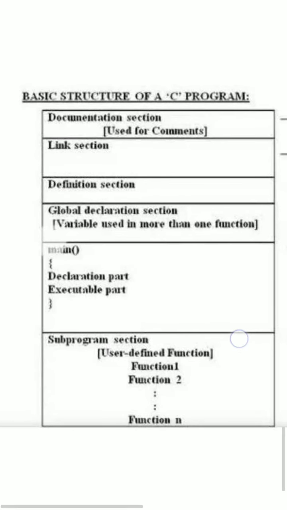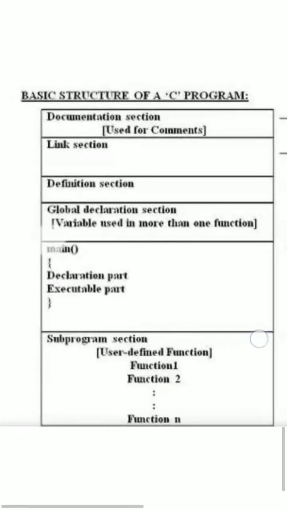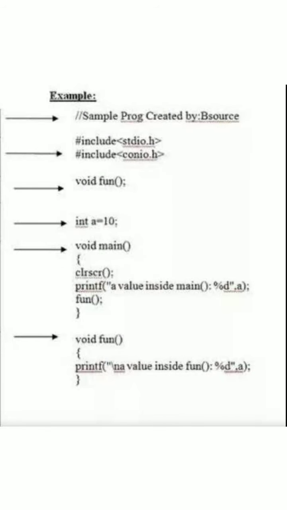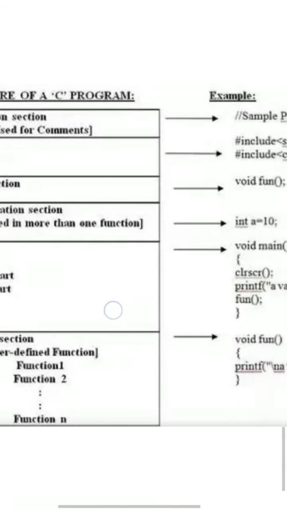Next is the subprogram section. It is an optional section. If you have any subprogram, then you can use it, or else you can just leave it. It is similar to the definition section.